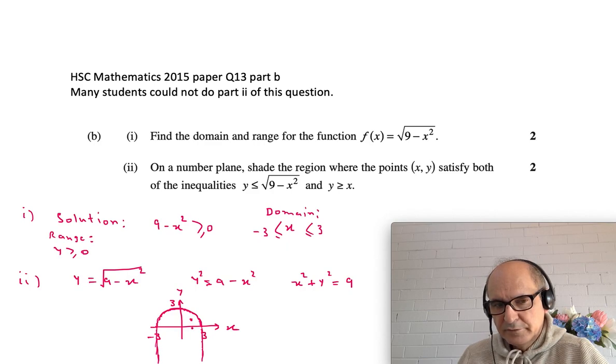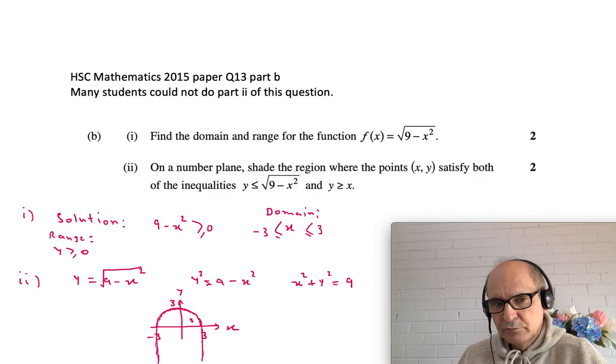Now if I go straight down, x stays the same if I go vertically down. So that means x squared is the same, so 9 minus x squared stays the same, but y decreases.